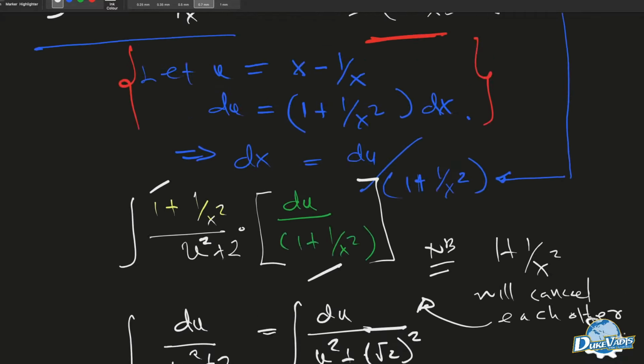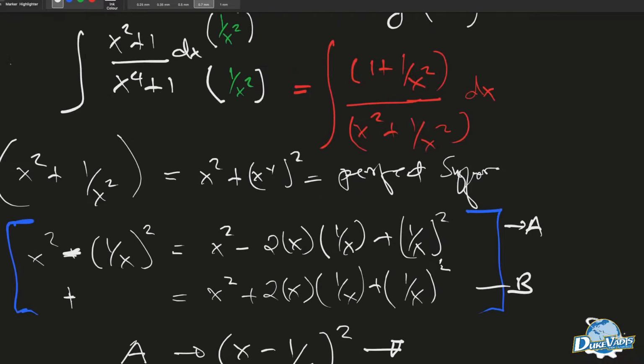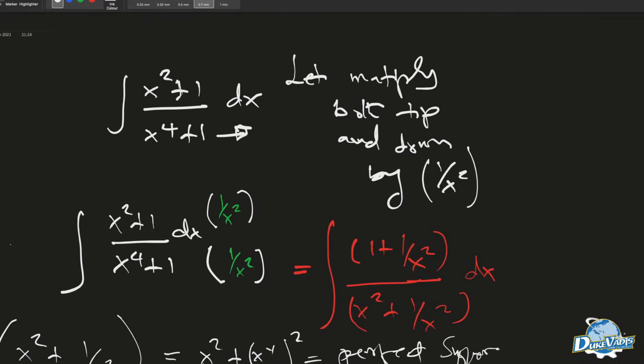So let's go back and break it out. The first one is the integration that has been given to us. It looks a little bit tricky because we have x squared plus 1 dividing x to the power 4 plus 1.